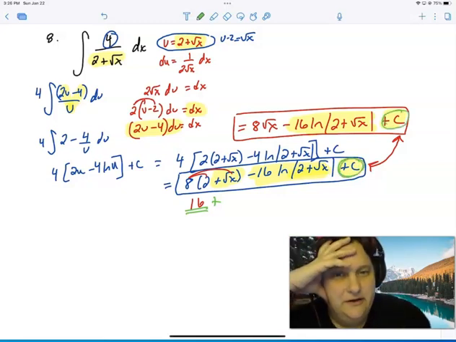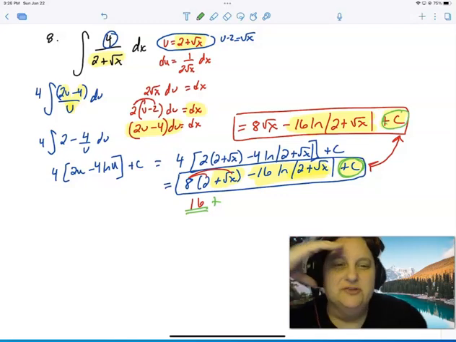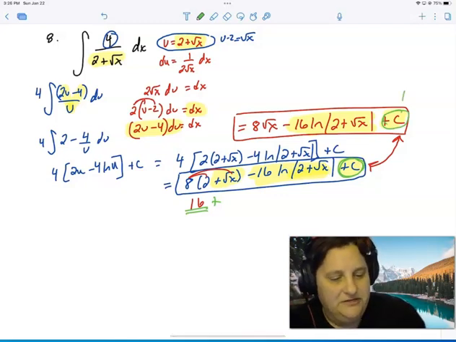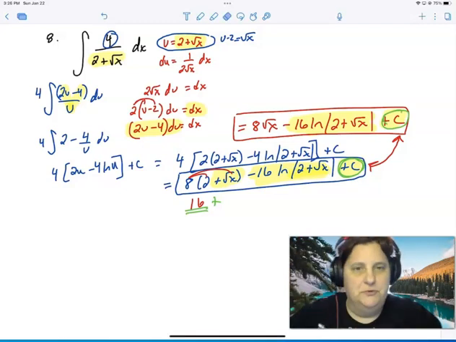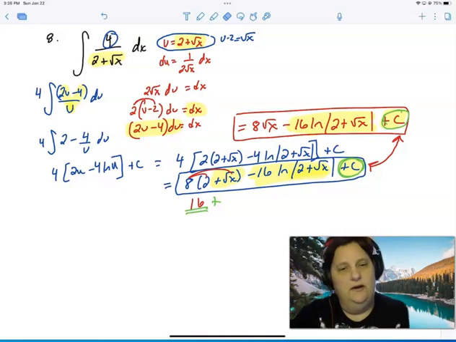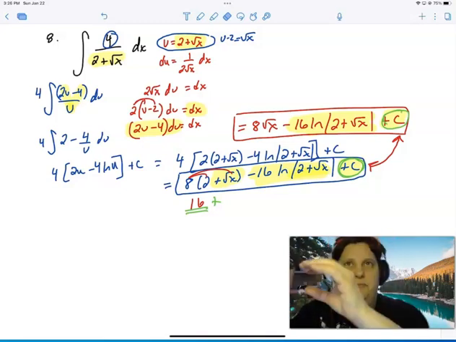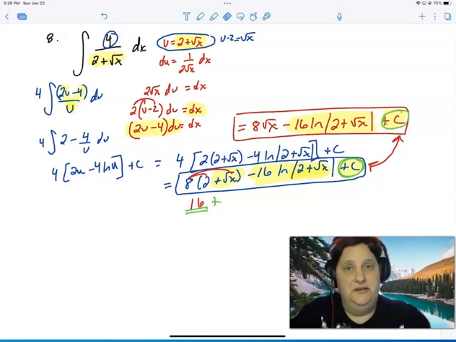These constants are just different. So for example, maybe that constant is 1, then that constant would be 17, but they're still just constants, right? So every once in a while on a multiple choice question, you'll see something where you integrated it and you got something plus 2 plus C, and the answer doesn't have the plus 2 plus C, it just has a plus C.